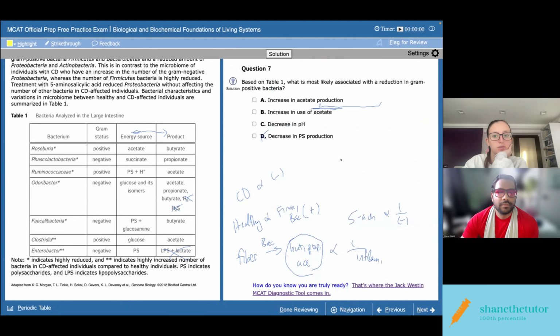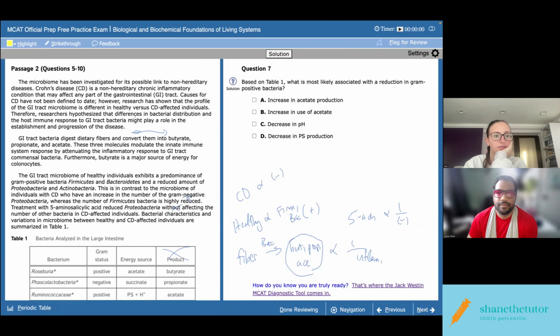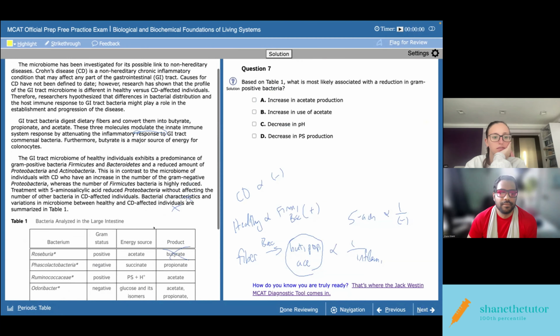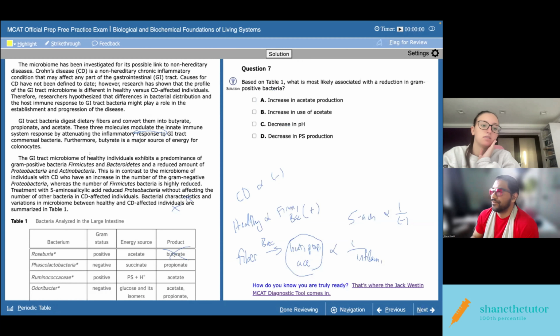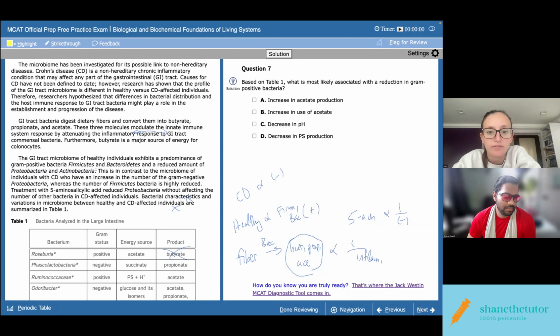Based on what is most likely the association associated with a reduction in gram-positive bacteria. We said that gram-positive was associated with the healthy, so a decrease in gram-positive would mean that these ones would go up, these two, proteobacteria.